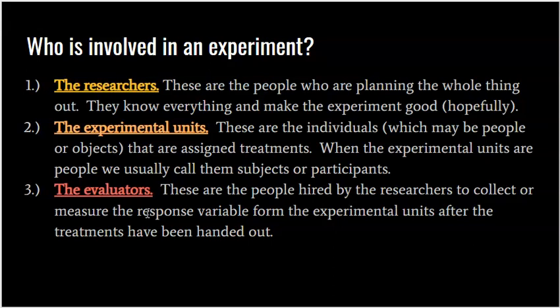We don't want the evaluators to have any bias, like maybe they want the experiment to show something, so they'll kind of lean towards one way, or they'll maybe lie about the results. Now that's something that obviously should not happen, but to prevent that from happening, we usually want our evaluators to be independent. We don't want them to know anything that's going on. They're simply going to do some measuring at the end of the experiment.